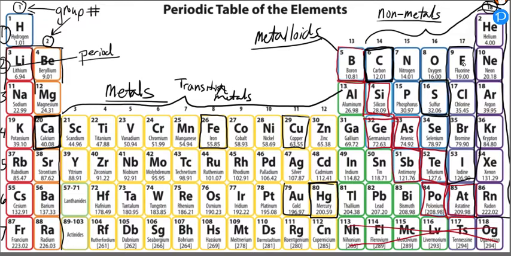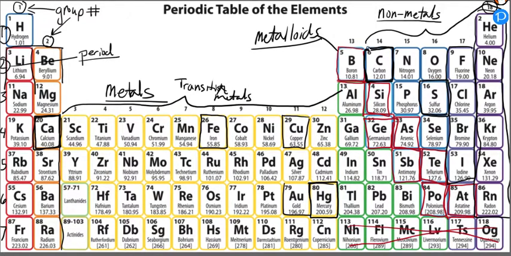That's basically what happens with these halogens, like fluorine, chlorine, bromine, and iodine. They like to bond with these metals over here, like lithium, sodium, potassium, calcium, magnesium, beryllium. When these halogens bond with these alkali and alkaline earth metals, they make salts, basically. And that's where the halogens get their name.